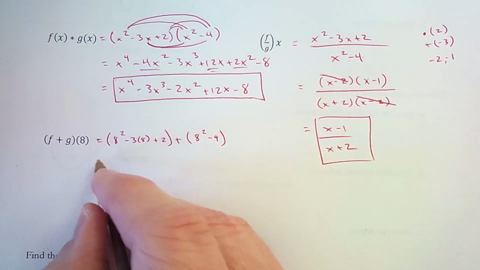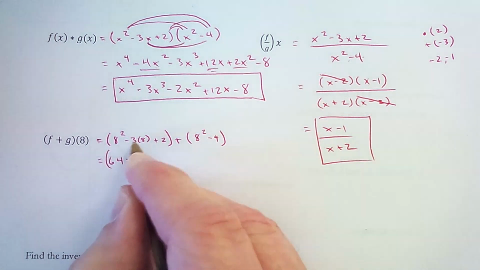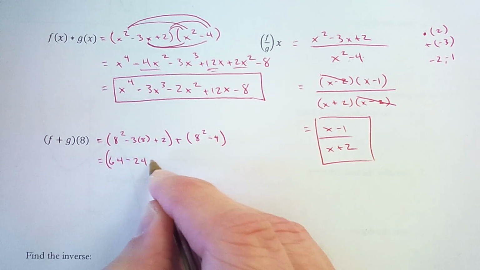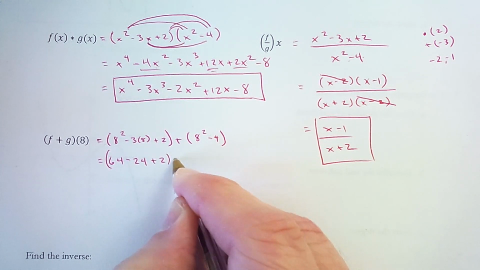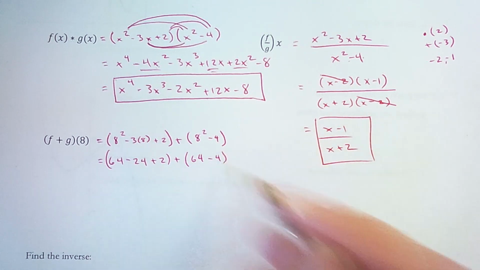Okay, so 8 squared is 64, so I've got 64 minus 3 times 8, which is 24, plus 2, plus 64 minus 4.